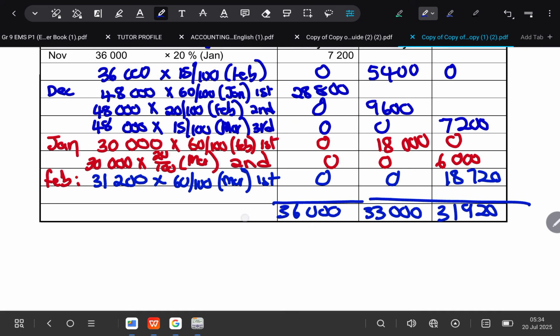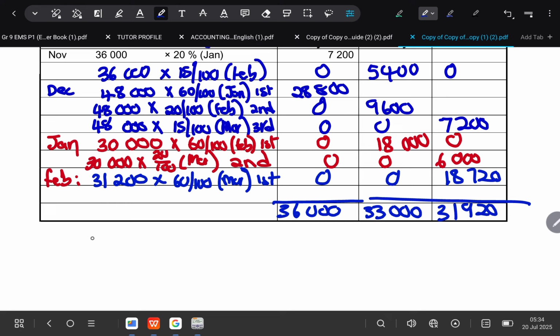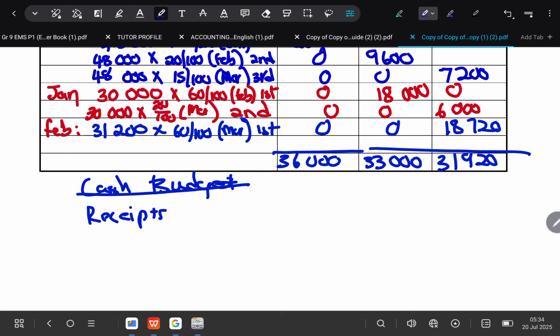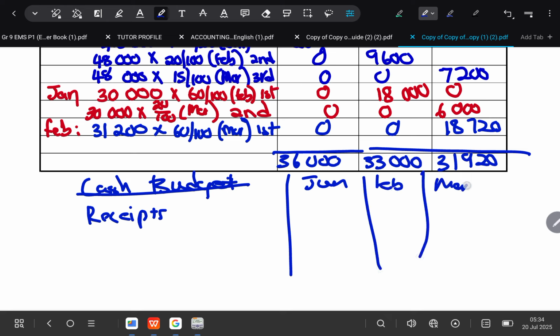So this is when you go to your cash budget, under receipts. Remember your cash budget, it will be January, February, and then March, right?